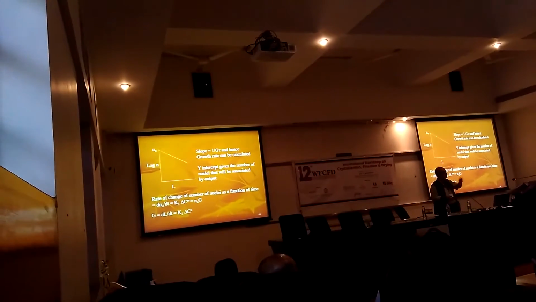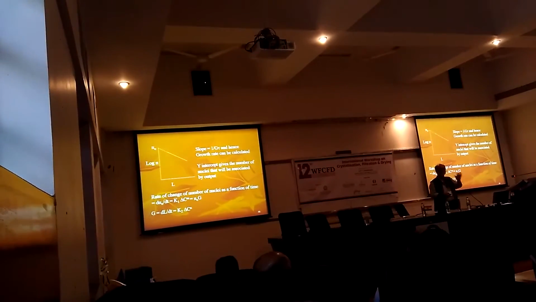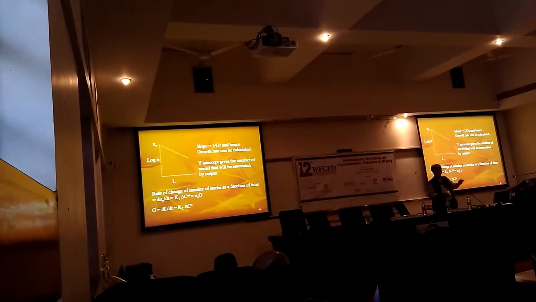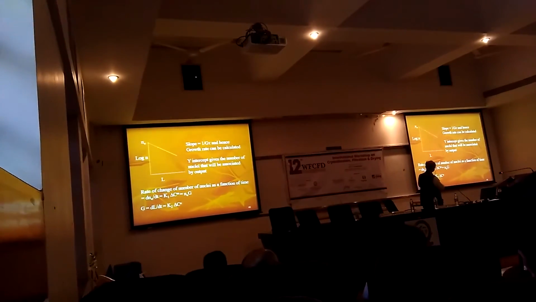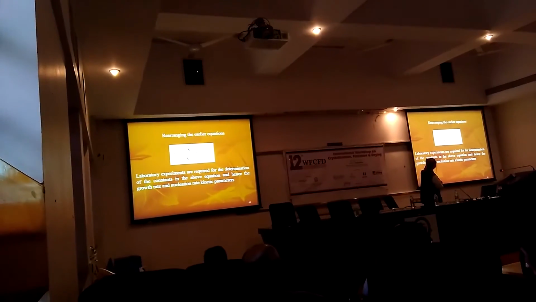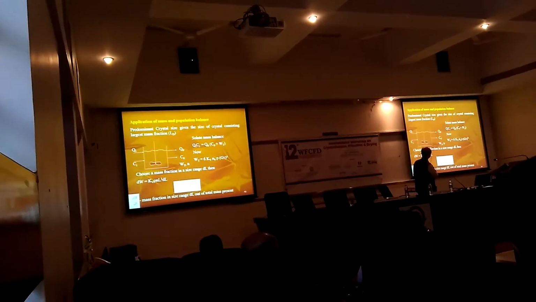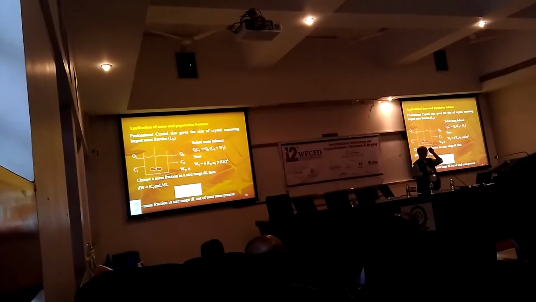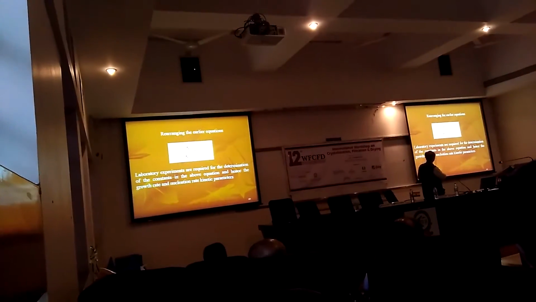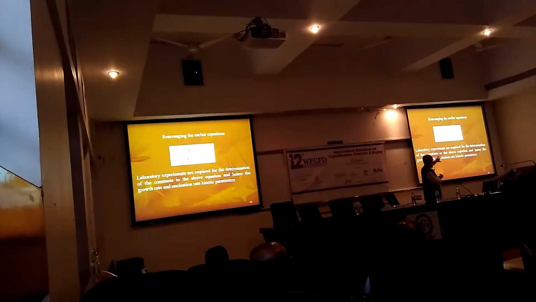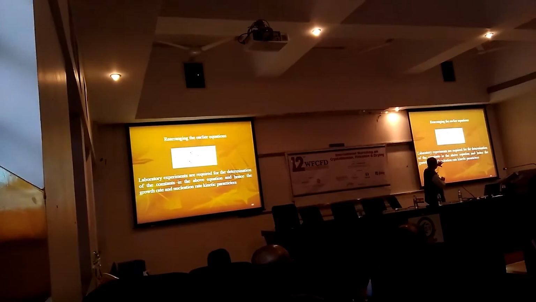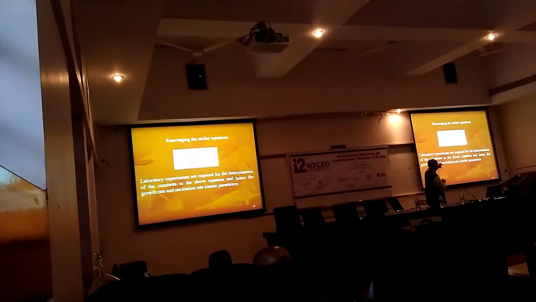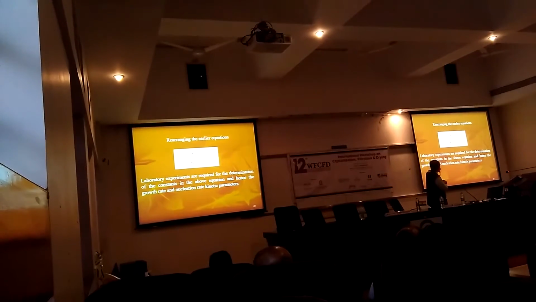They can be completely different exponents, decided by the type of system which you are going to handle. But by conducting simple laboratory experiments, you can do these rearrangements and get an estimate of the exponents m and n, as I have pointed out here. So laboratory experiments are required for the determination of constants in the above equation, and hence the growth rate and nucleation rate kinetics can be found out.